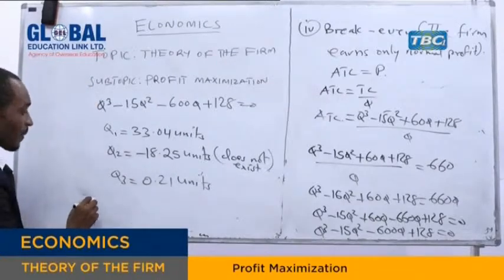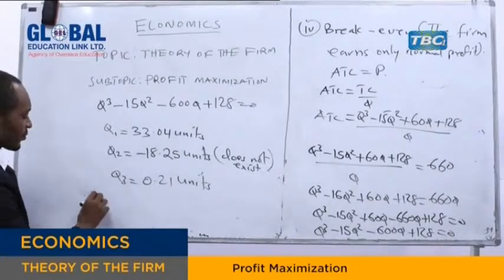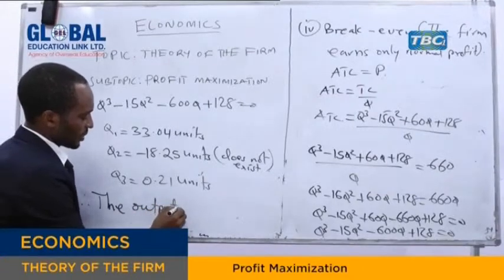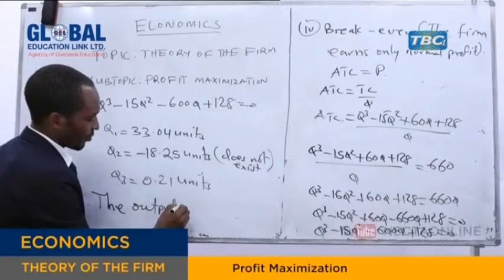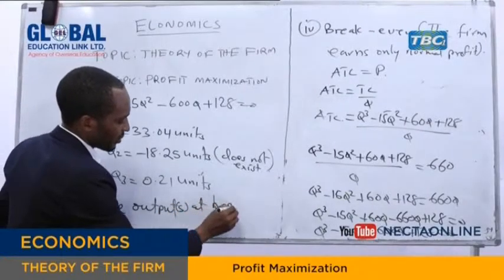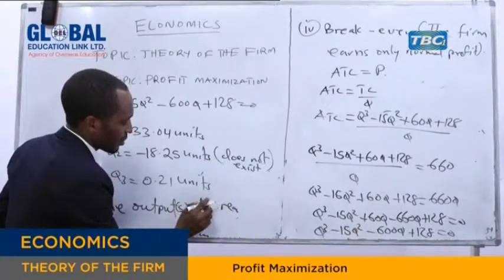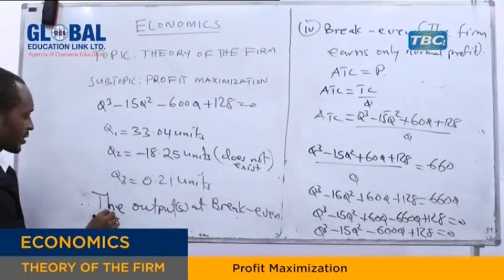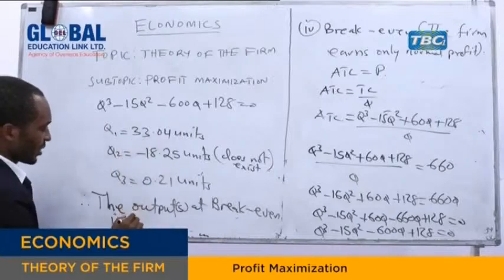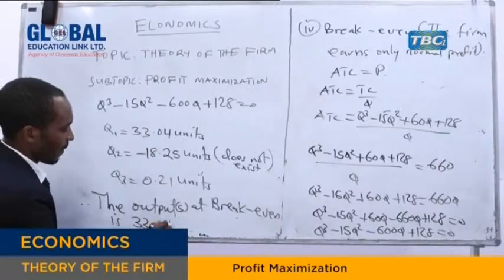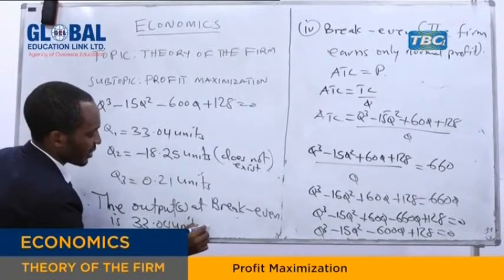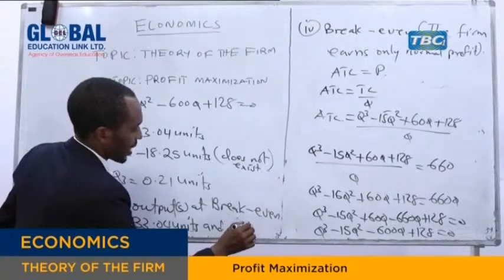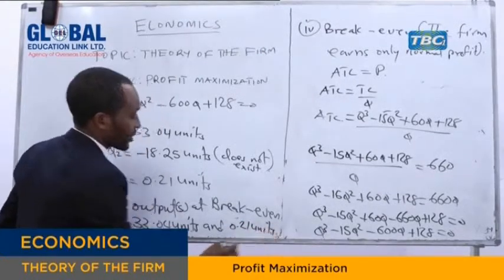So therefore the output at break even is this one, which is 33.04 units and 0.21 units.